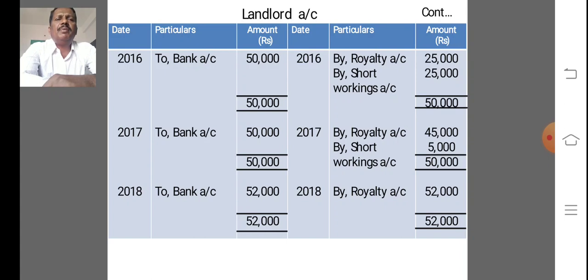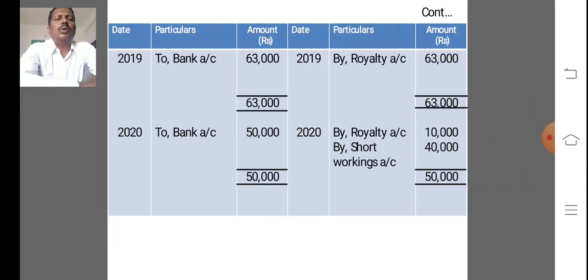In 2017, to bank account 50,000, by royalty 45,000, and by short workings 5,000. In the year 2018, to bank account 52,000, by royalty account 52,000. In 2019, to bank account 63,000, by royalty account 63,000.